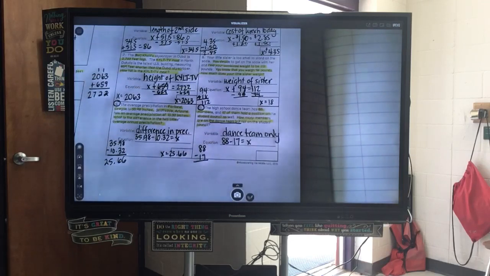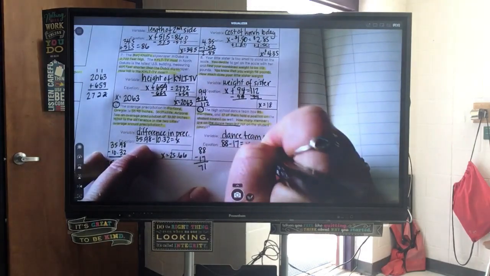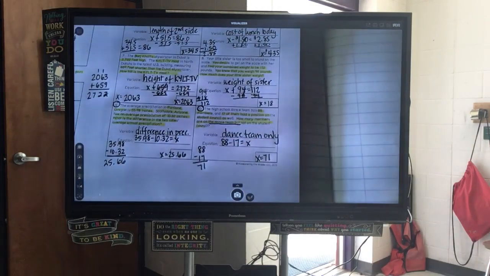Huh? Okay, so finish it up and tell me what you get. Yes, 71 is correct. So x equals 71.